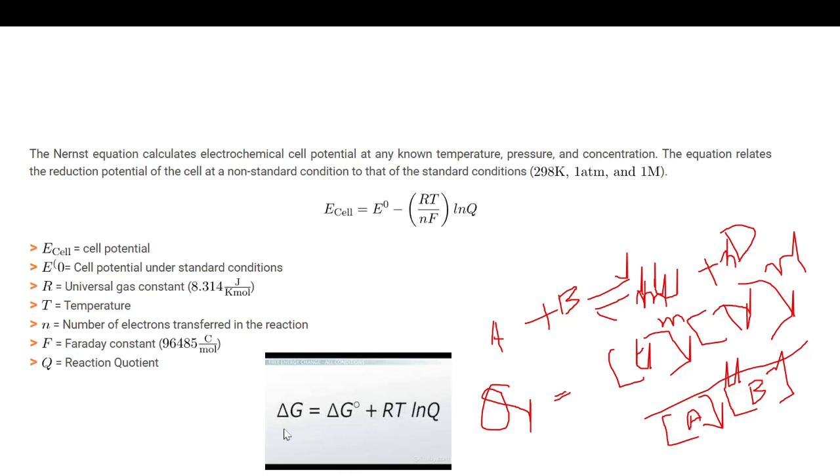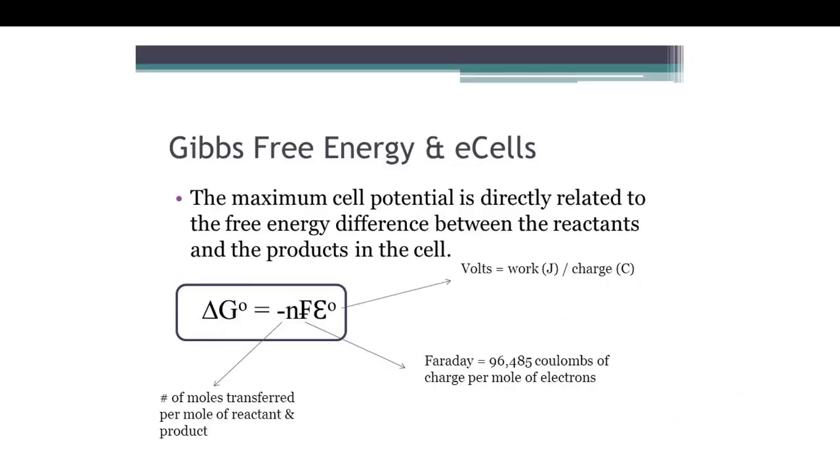That is given by del G equal to del G naught plus RT ln Q. This del G naught is the standard Gibbs free energy, in the standard condition, that is, when your temperature is 298 Kelvin, pressure is 1 atmosphere and the concentration is 1 molar. So these are the two important equations that you should remember while solving this question.